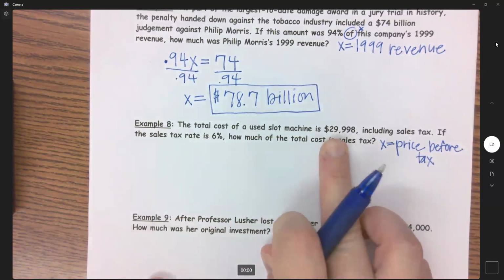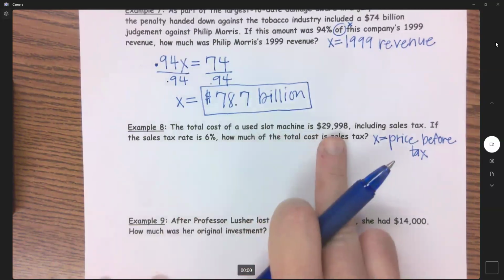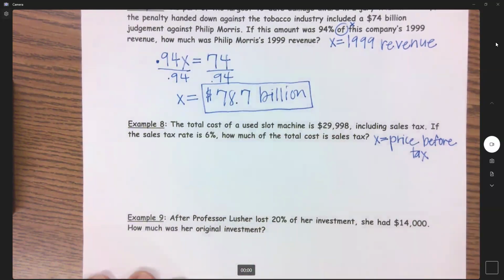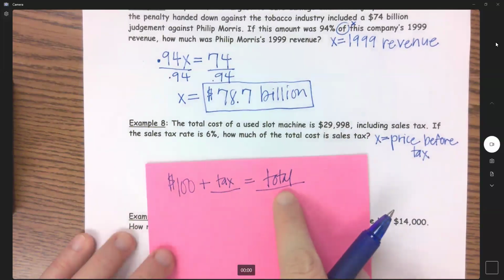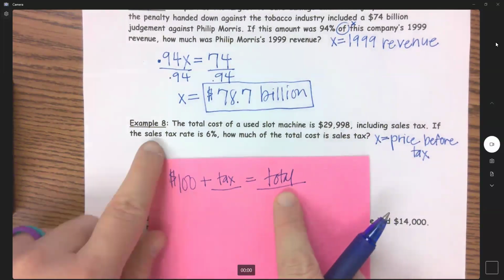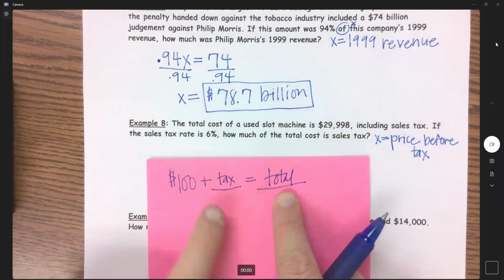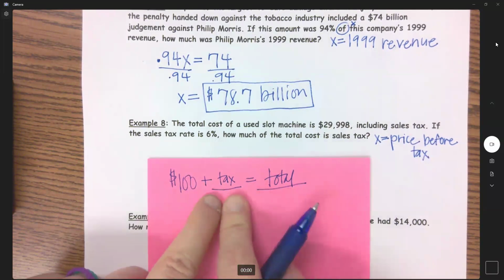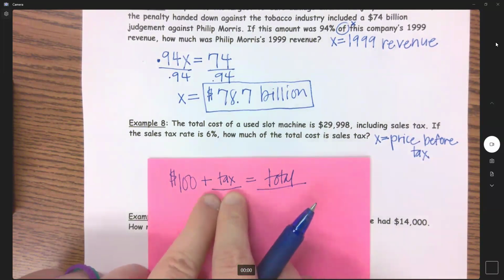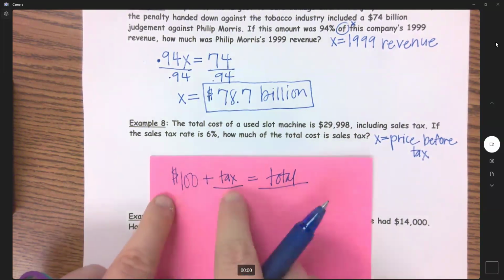So if the total cost of my slot machine is this, that's what this is going to equal. We have a 6% tax rate here. So that's going to go in here, but remember, this isn't just whatever that tax rate is, it's this percentage times that.